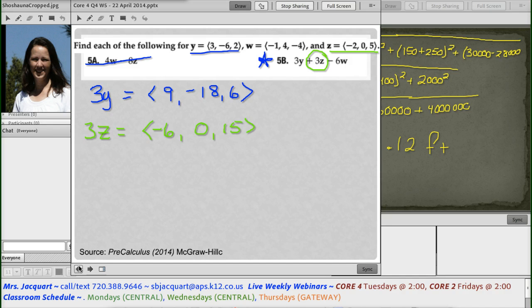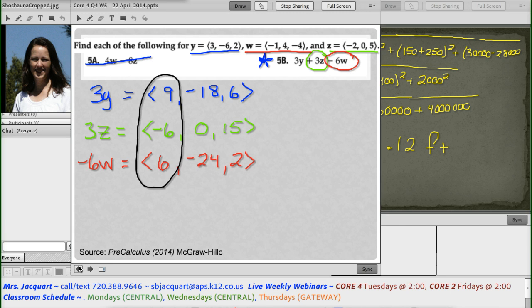What is w times a negative 6? It equals a positive 6, negative 24, and a positive 24. Then you're just going to add them all down. So this is 9, negative 42.